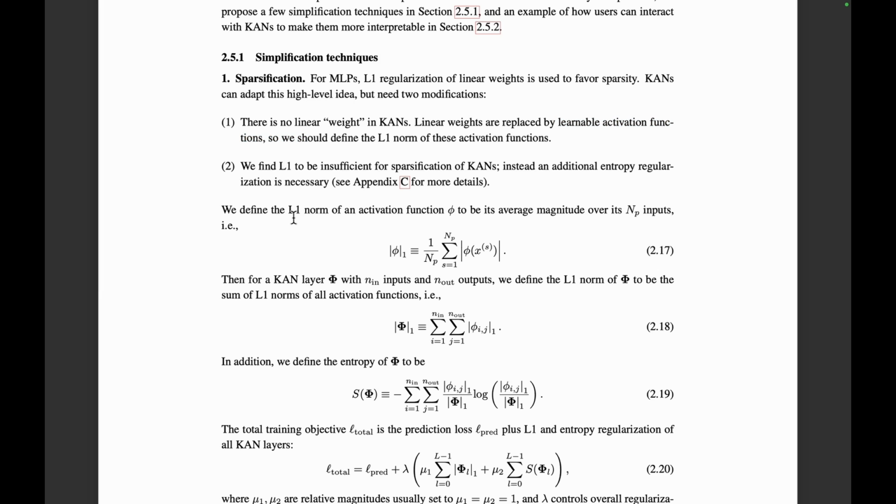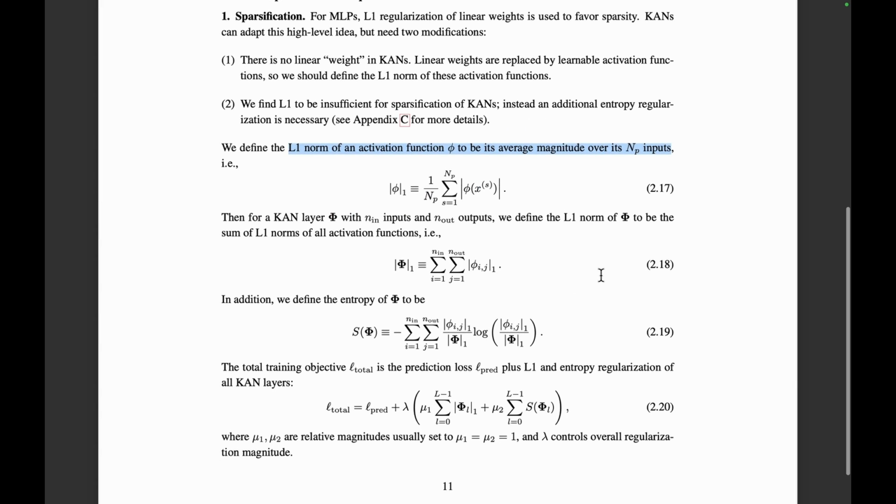They say L1 is insufficient for sparsification of KANs. Instead, they use entropy regularization. The L1 norm on the activation function phi is defined as the average magnitude over its NP inputs. This is pretty much like taking a norm and then summing it up, similar to how we do an L1 norm, but we are doing it on phi, which is the activation function, instead of the usual weights that we use in L1 regularization. They also introduce a new term to do with the entropy.